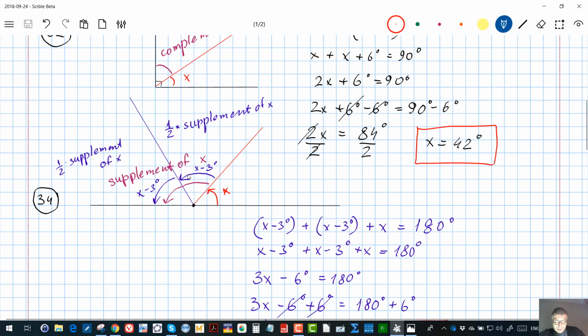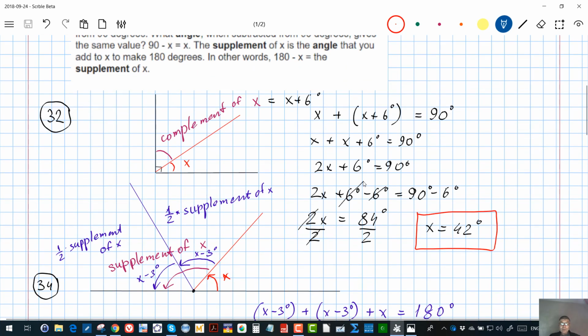And in the second problem, it's relatively the same, but you have the other angle. They are talking about the supplement. So you have an angle and the other angle, which if you add it to this angle, both angles give you 180.